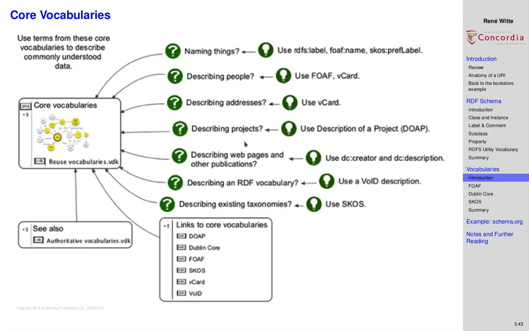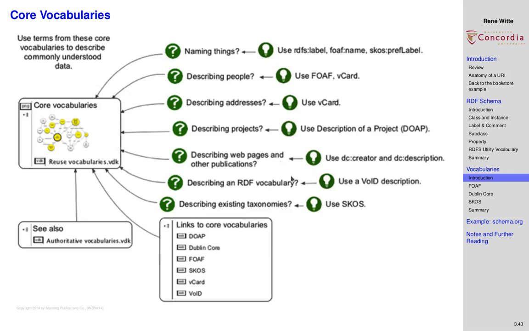For projects, any type of project, not just a software project, there is a vocabulary called DOAP, description of a project. For web pages, publications, books, articles, and so on, you have seen the DC one, the Dublin Core. So there are a couple of properties and classes in there, creator, description, and so on.